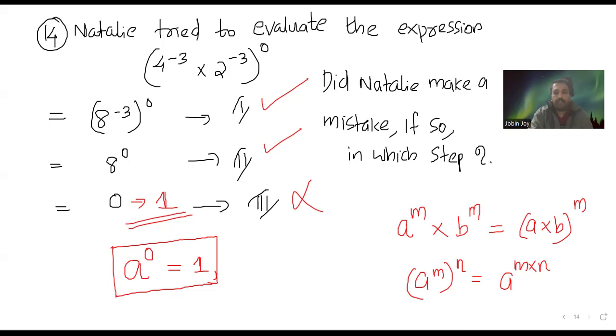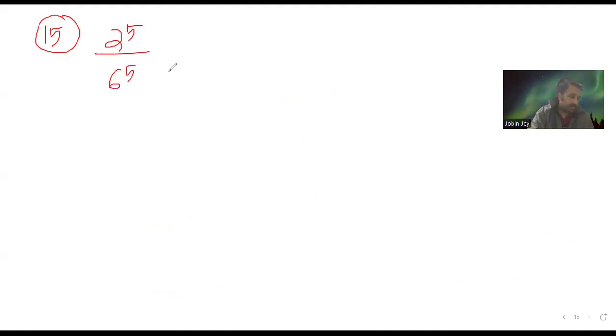Then question number 15. Which expressions are equivalent to 2 raised to 5 divided by 6 raised to 5? Okay, so we have 4 options. So I will write the 4 options. First option is 1 by 3. Second option is 3 raised to minus 5.